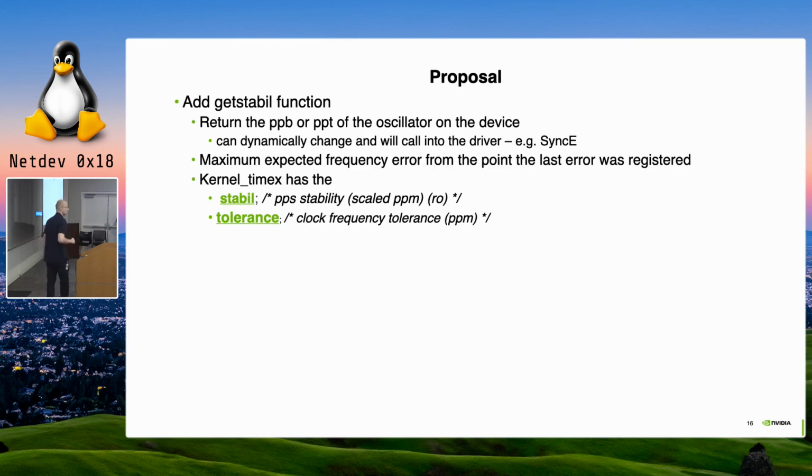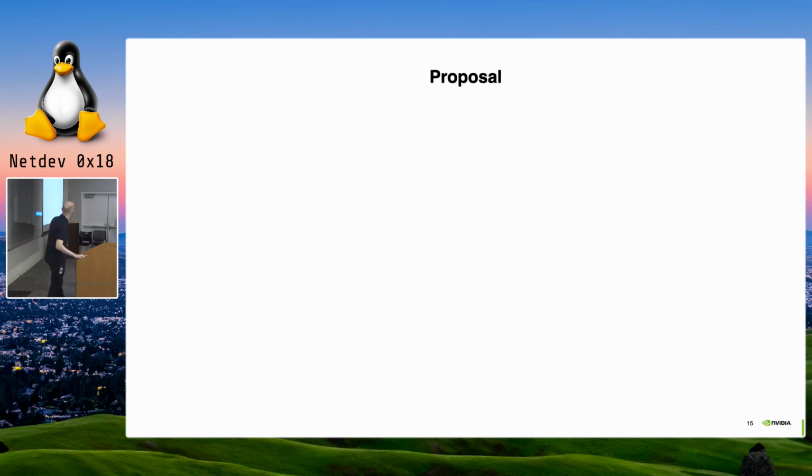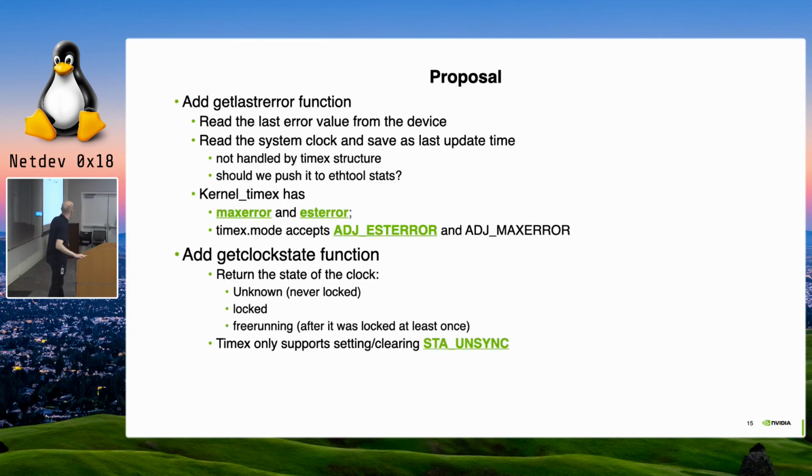Quick question about the last slide for get last error. Why do you propose pushing it to ETH-tool stats instead of DevLink Health Reporter? The thing is, I'm trying to tap into existing APIs for the clock so that you can easily pass that information then to your system clock, because ultimately, once you get this information from your PTP clock, you should pass it along to your system clock.